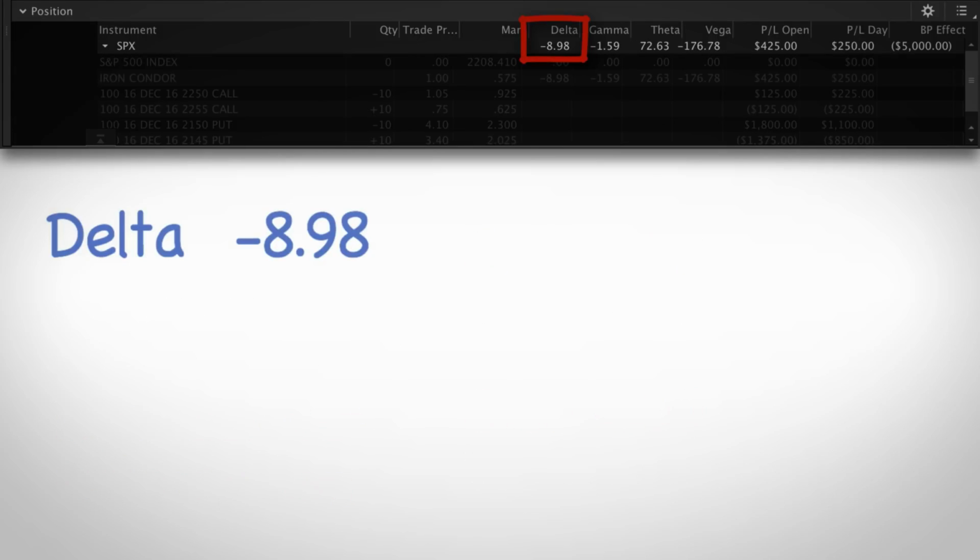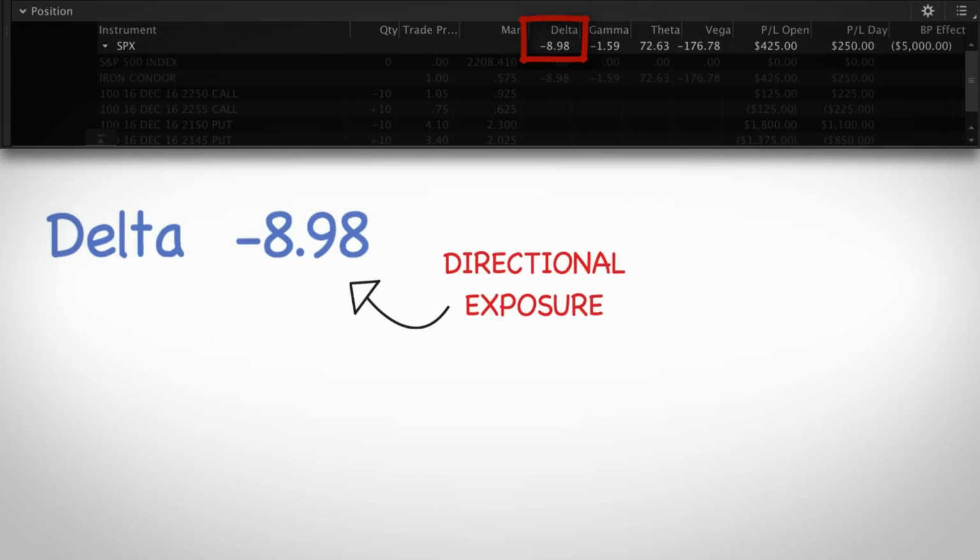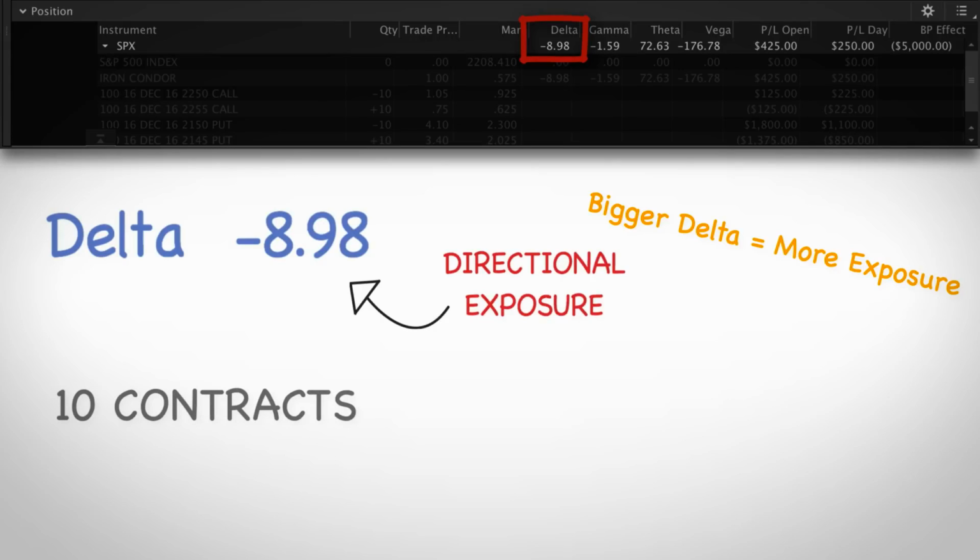Another cool thing about looking at the delta of our position is that it tells us our directional exposure, and we can make sure that that number is in line with our risk tolerance. If this number is bigger, then that means we are more exposed, right? In this case, we traded 10 contracts and our delta is negative 8.98.